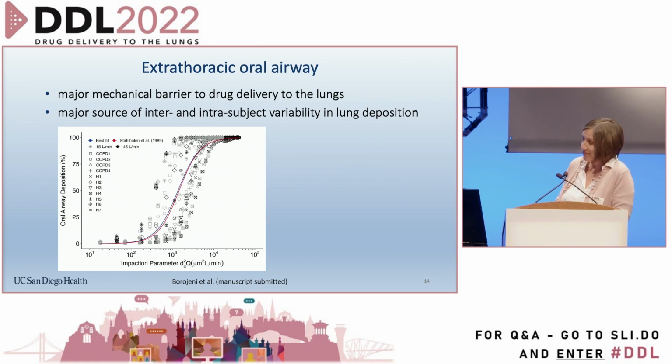And you can see, the biggest thing you can see is this huge intersubject variability. The gray symbols give you a low flow rate inhalation of 18 liters per minute, or resting kind of flow rate. And the dark black symbols for all these subjects give you a flow rate that's basically in the middle of that 30 to 60 liters per minute that's usually recommended for use with DPIs. So what does this type of data mean?